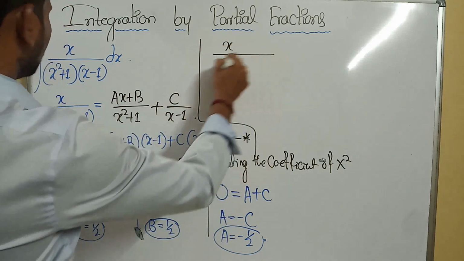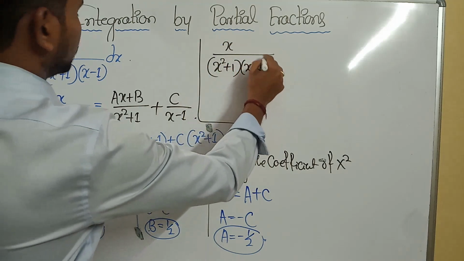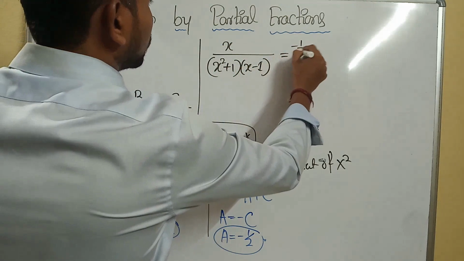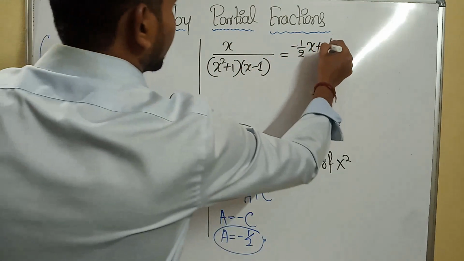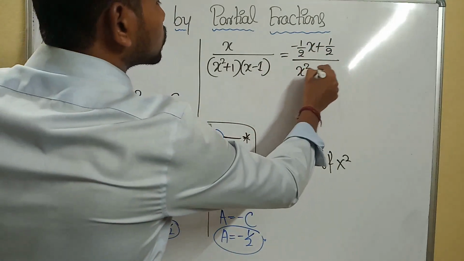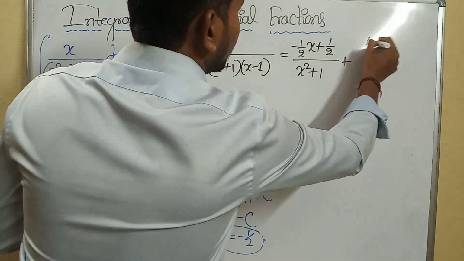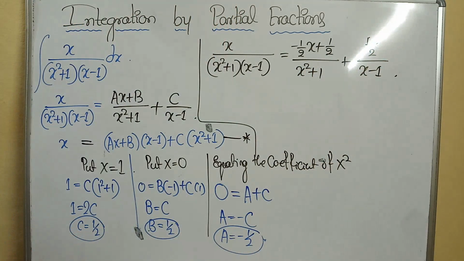It will be x divided by (x square plus 1)(x minus 1) is equal to, what is a value? Yes, it is minus 1 divided by 2, x plus b value will be 1 divided by 2, whole denominator will be x square plus 1, plus, what is c value? C value will be 1 divided by 2, denominator will be x minus 1. Getting the point clearly?